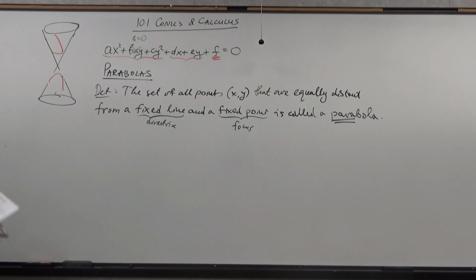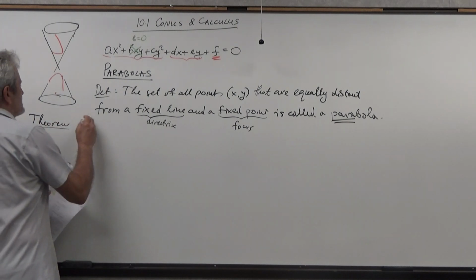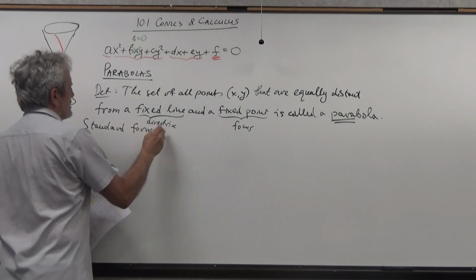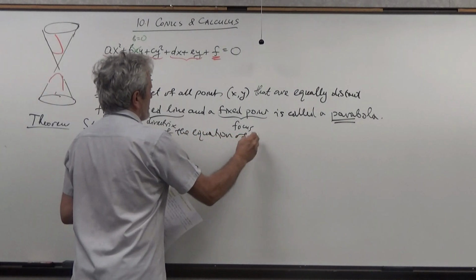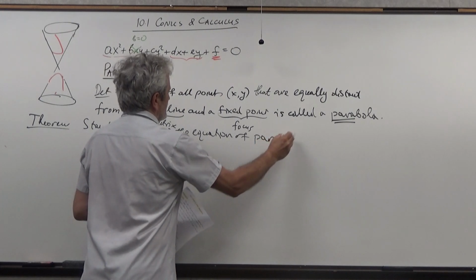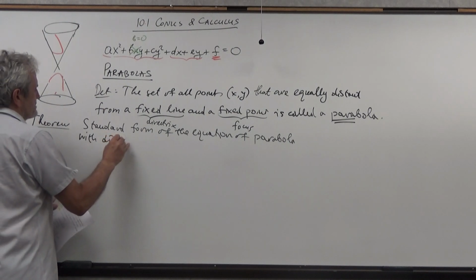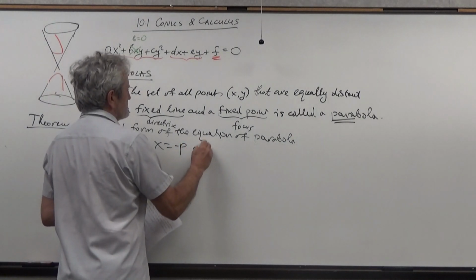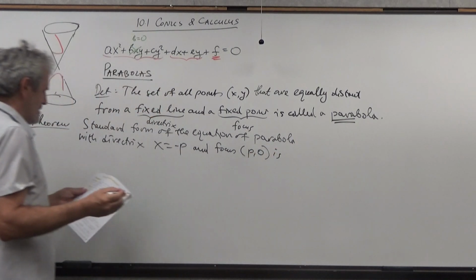All right, so here's the theorem. Standard form of the equation of a parabola with directrix x equals negative p and focus p0. 0p, sorry.